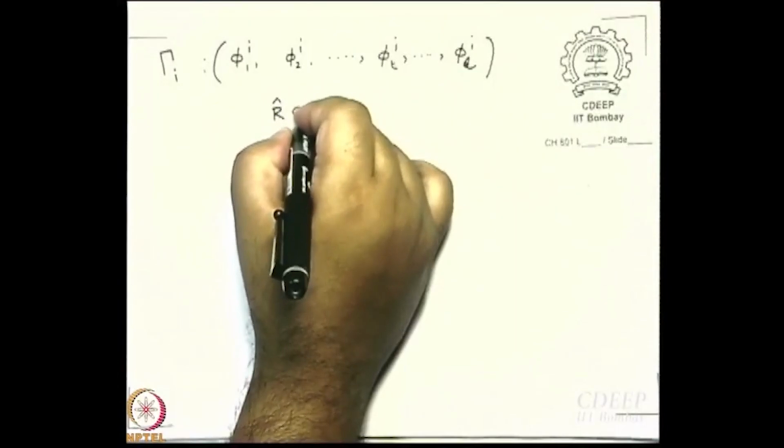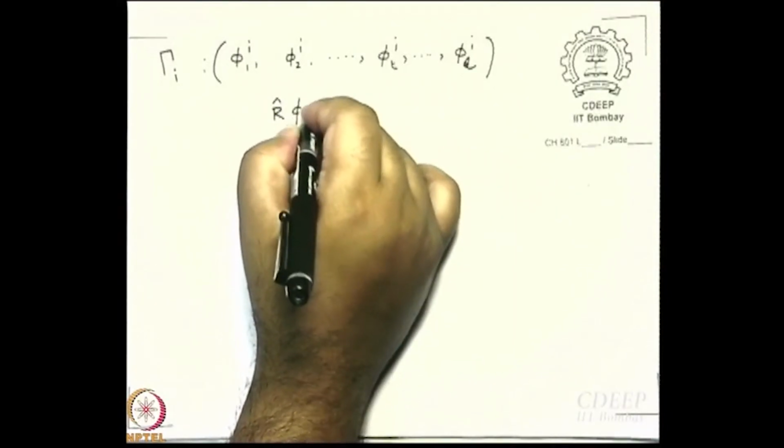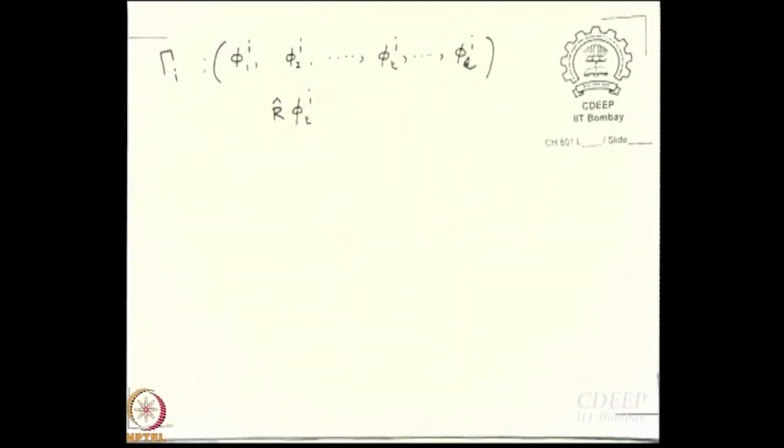What happens when I perform a symmetry operation on any one of these functions? I will take the general one, phi t i, and operate on it with a symmetry operation. What should you get? When are you going to get plus or minus phi t i? When the representation is one dimensional, right?